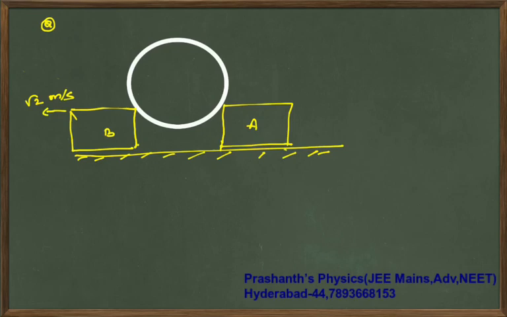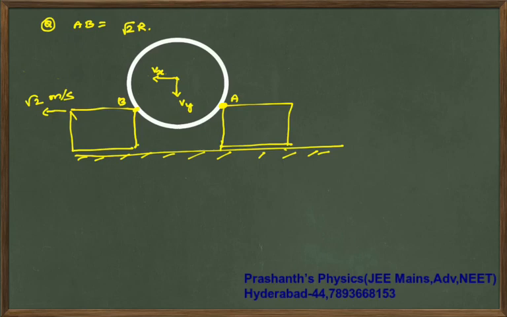Then this is coming downwards with Vy, and this is coming this way with Vx. If you mark this point as A and this point as B, the distance AB is given as root 2r. This block is moving with this speed.